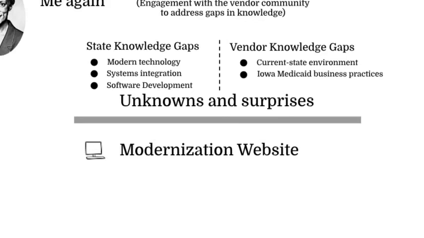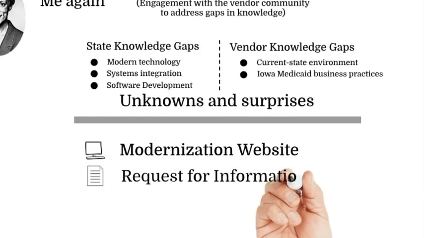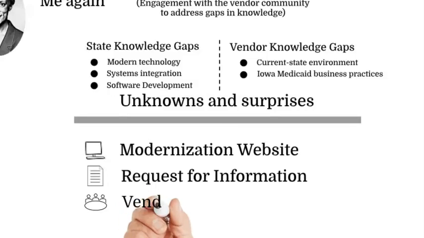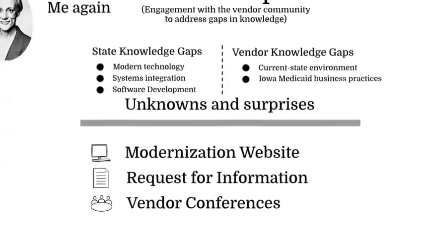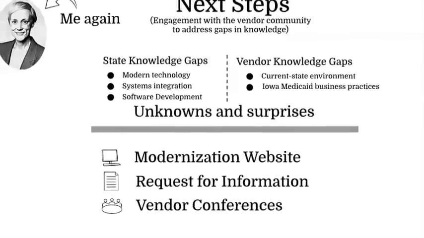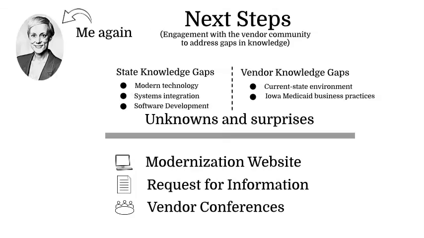Second, issuing a request for information seeking solution suggestions from the vendor community that are best suited to deliver our outcomes. And third, holding vendor conferences to facilitate an open, collaborative exchange of information with the vendor community. We hope we can quickly achieve the knowledge required to move forward with our first delivery initiative. I'm looking forward to it.